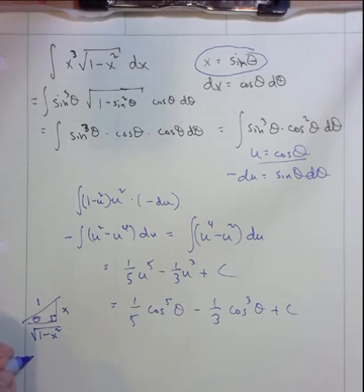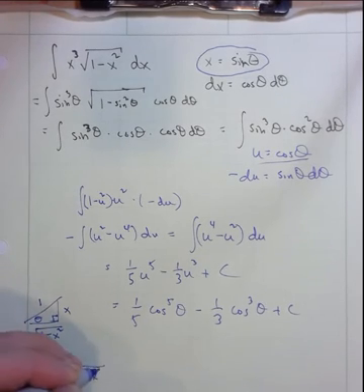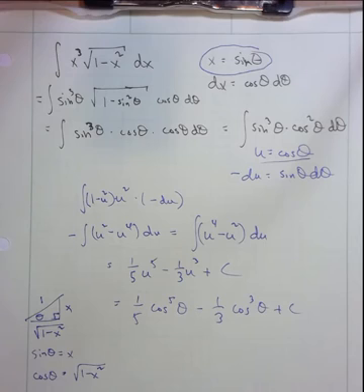And that means that the sine of theta is x, means that cosine theta is adjacent over hypotenuse, square root of 1 minus x squared. If you know one of the trig functions in terms of the ratios, you know all of them. You just have to dig them out.